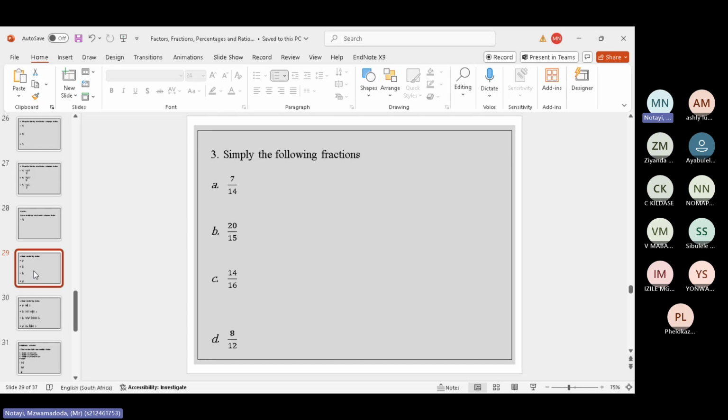So remember, the first thing is to write each one of those, the denominator and the numerator, in their prime factors. Write them in their prime factors, and then you cancel what needs to be cancelled, and then you'll get the simplified form of each of those fractions.